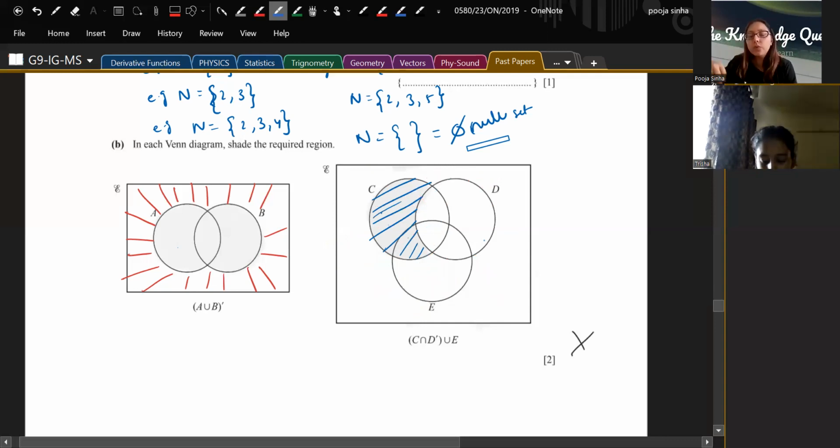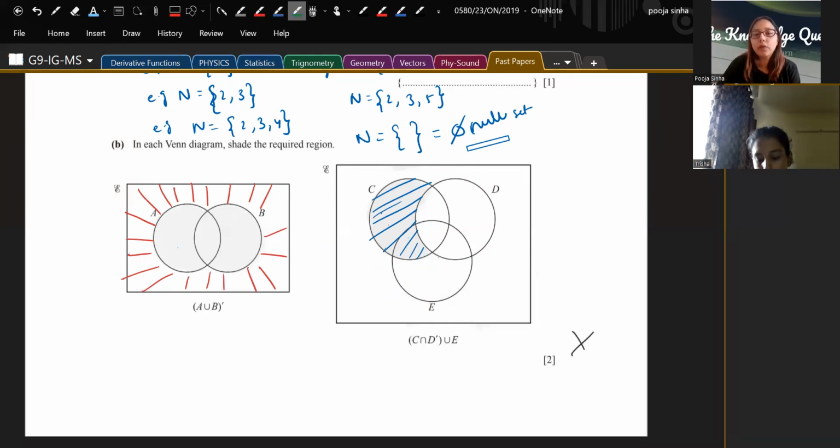Now it says union E. So this whole thing with union E. Union E matlab take the whole of E in it. So which means I will have to take whole of E. इसमें अब आपको पूरा करना पड़ेगा, because now after this is done, then this is done. So whole of E has to be taken.